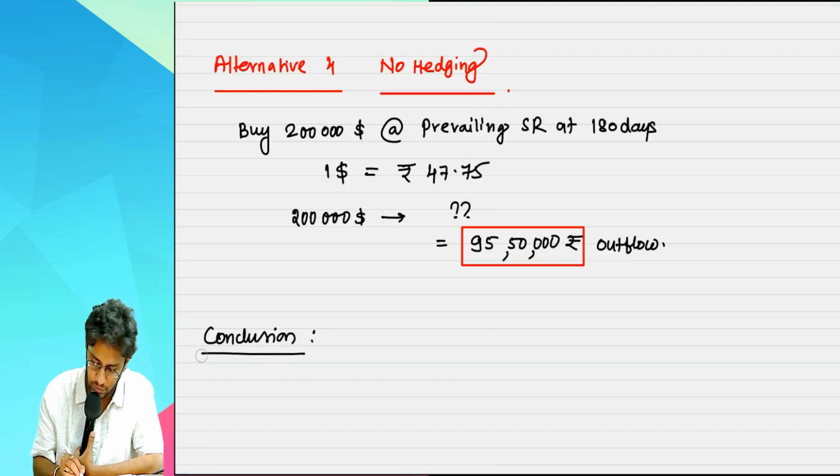Conclusion. Go and see who is lower. I think forward is better.